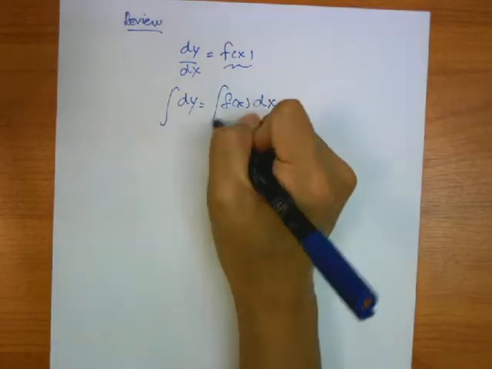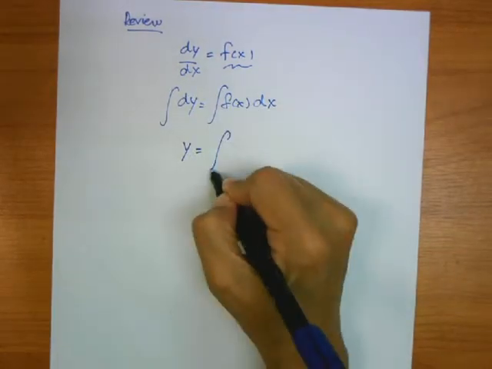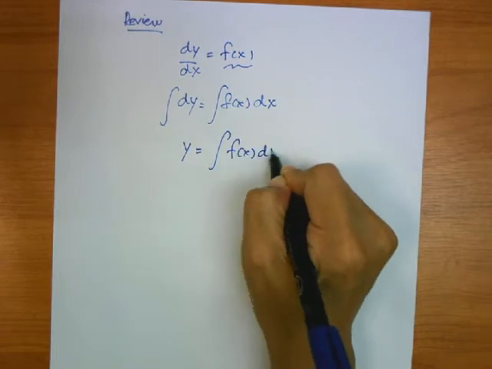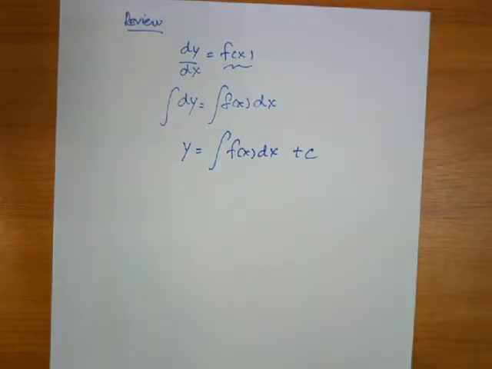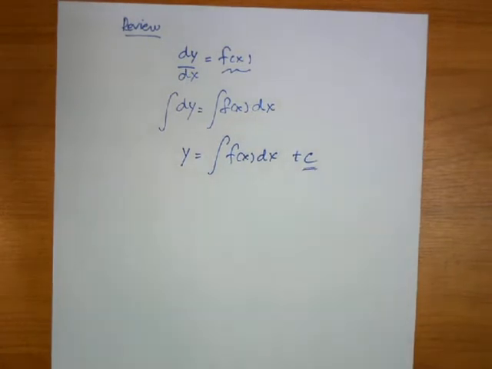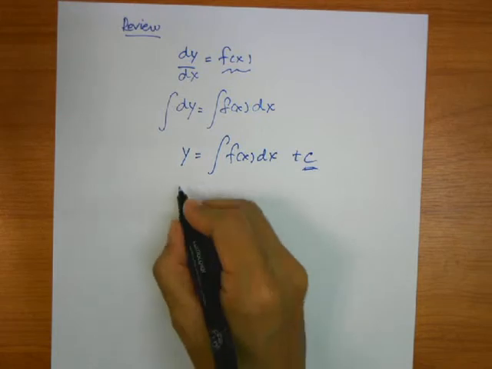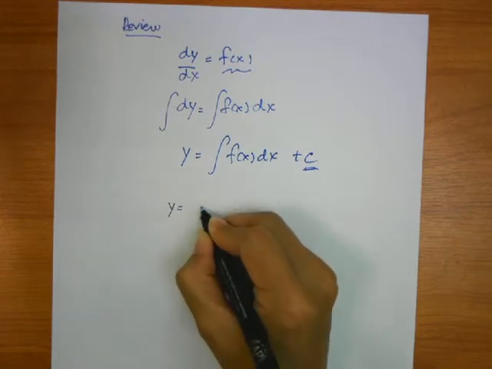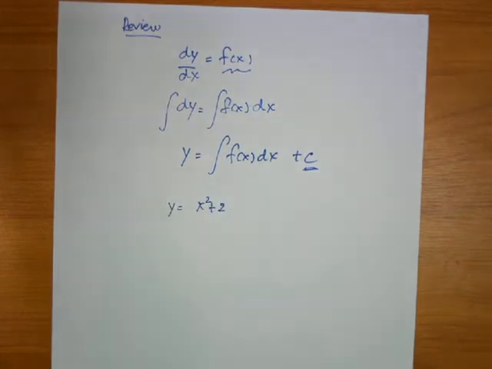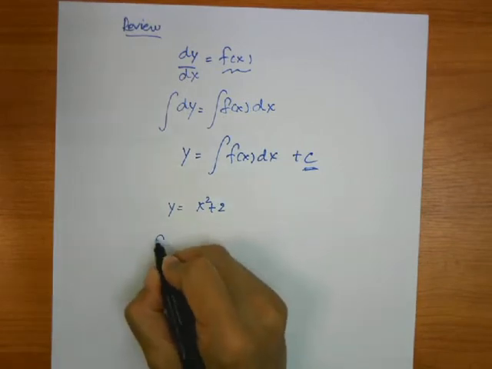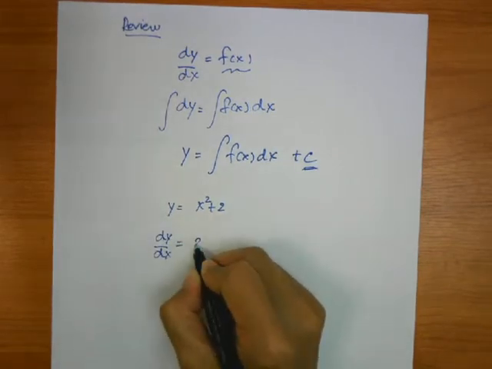The integral of dy is equal to y. We need to add plus c because we don't know what the constant would be, so we put in c as a constant. Why do we need c here? For example, if you have y equal to x squared plus 2 and you differentiate, you get only 2x.